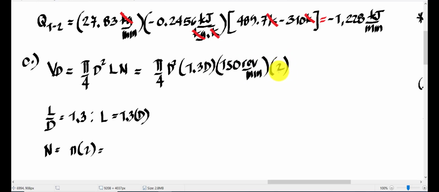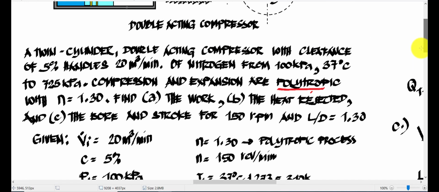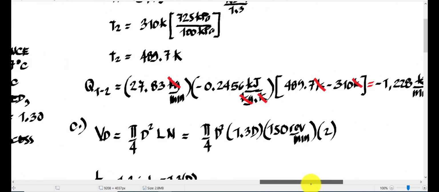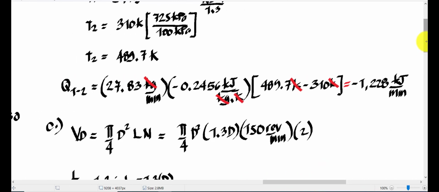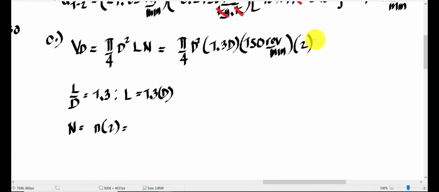Also, if you will notice in the problem, it is stated here that it is a twin cylinder. So it means it has two cylinders that are double acting. So again, we're going to multiply this one by another 2.